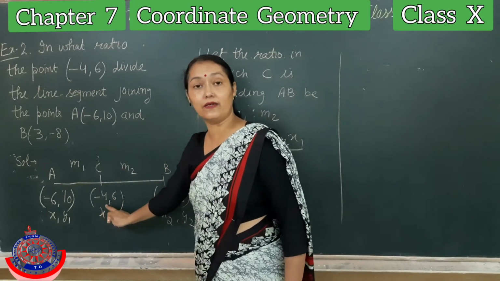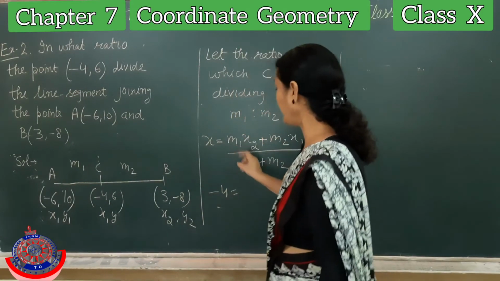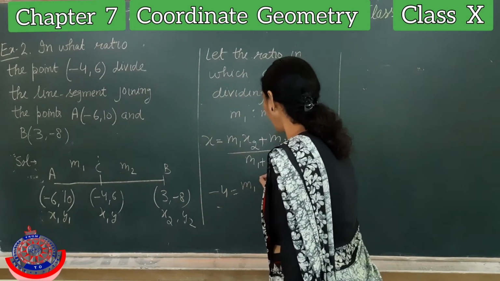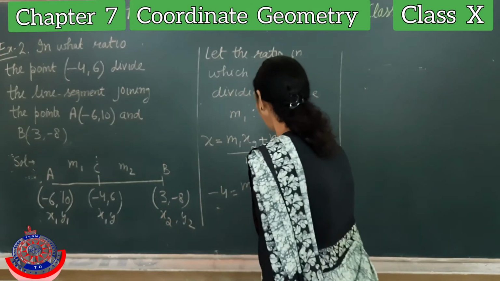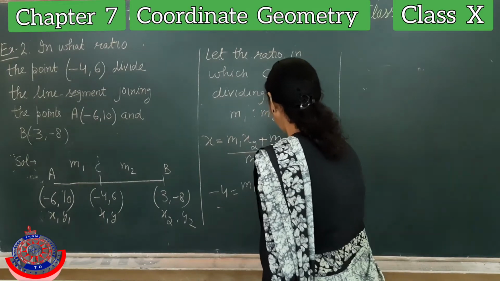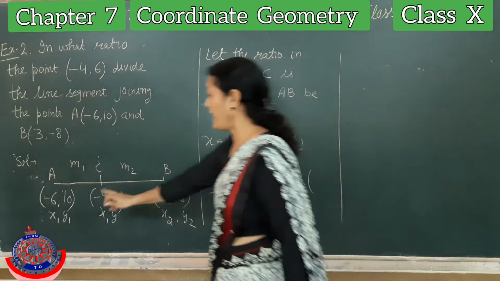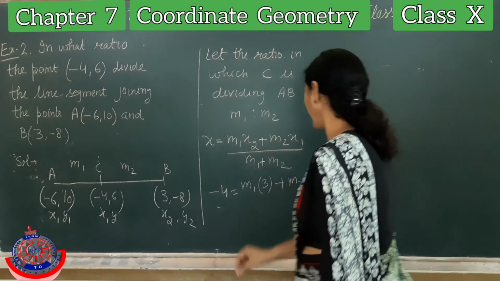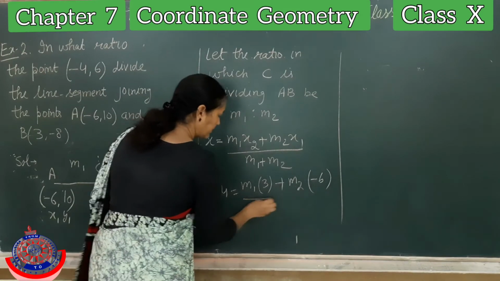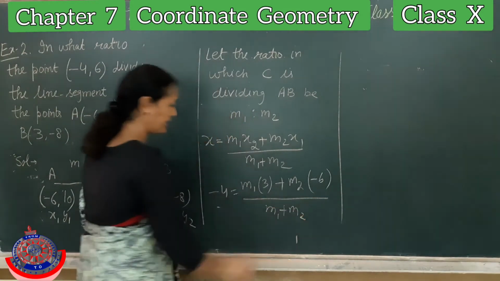X is given here, -4. M1 is not known, into x2. x2 is 3, plus M2 is not known, x1. x1 is -6, upon M1 plus M2.